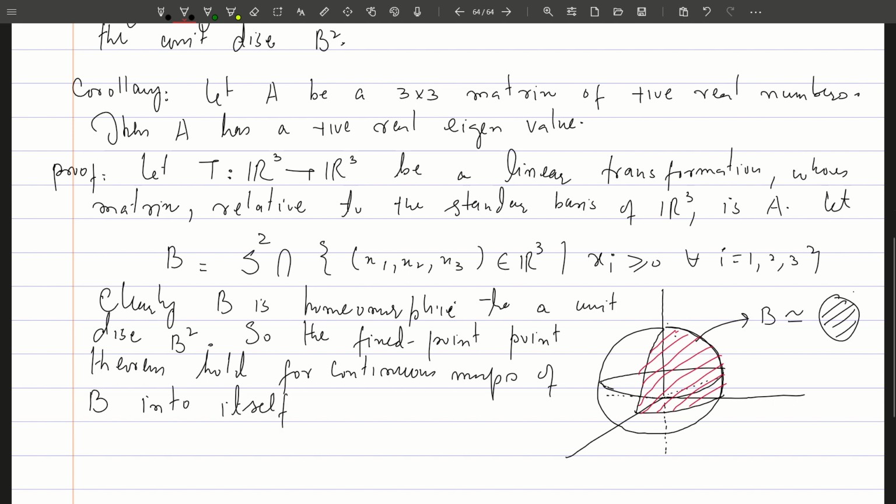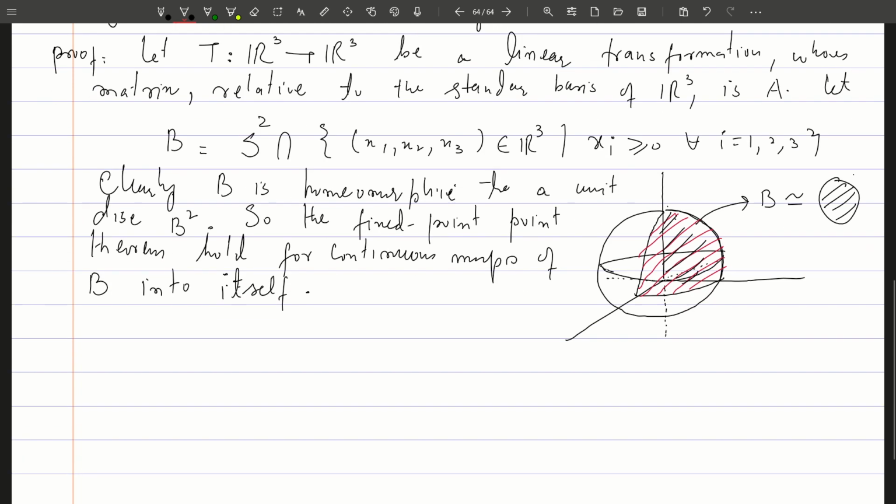That is, if we define a map from this surface to itself, which is a continuous map, then that map has definitely a fixed point.